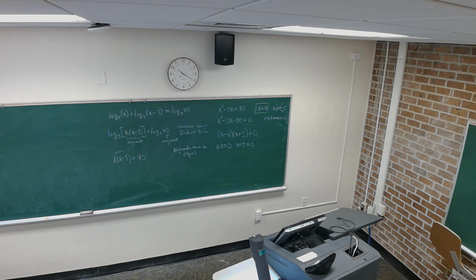So remember, the natural exponential function's graph looks like this: y equals e to the x. It crosses the y-axis at y equals 1. We've done all this already.